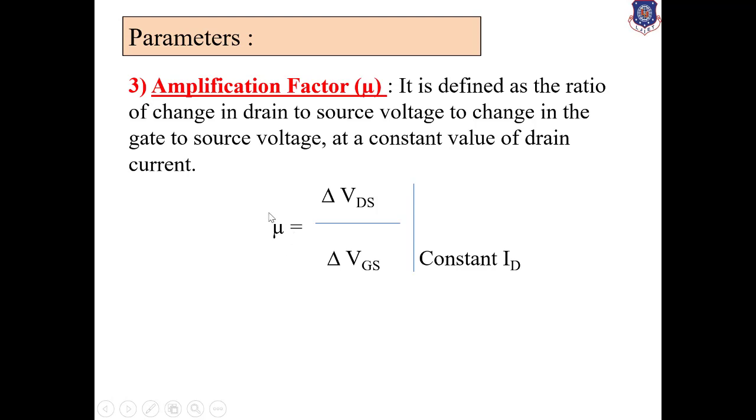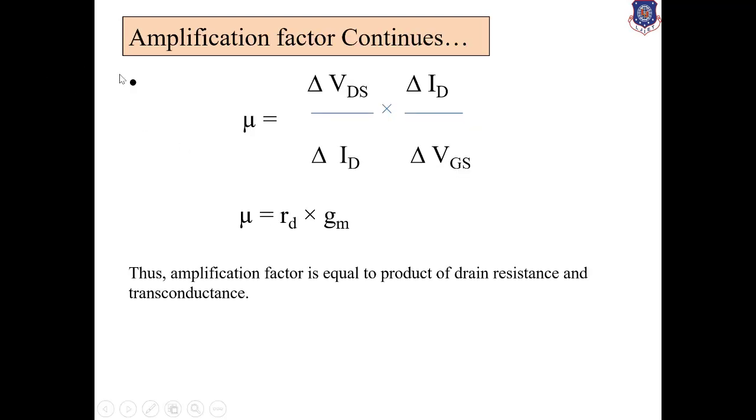And now let us discuss how it comes. Mu equal to VDS upon ID, that is the first definition, V by I. And this is the second definition, I by V, which indicates GM, transconductance, right?